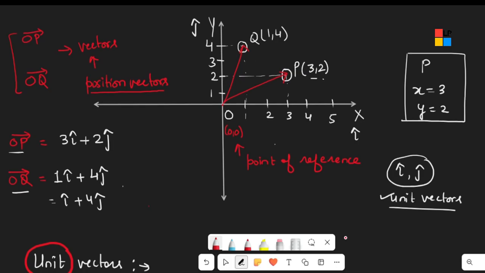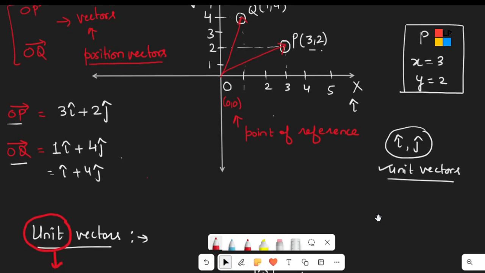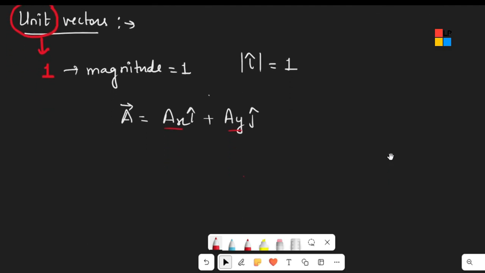What we call in the direction of x is the abscissa, and in the y direction, the ordinate. So how do we deal with vector a? If I find the modulus of vector a, it will be under the root ax square plus ay square.